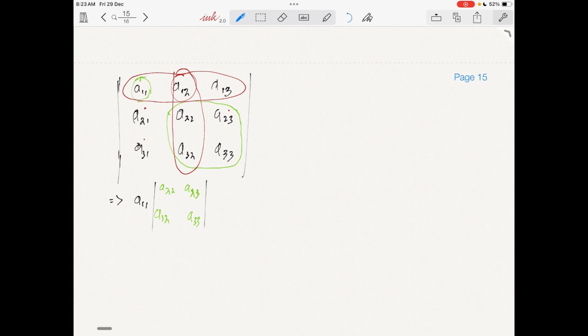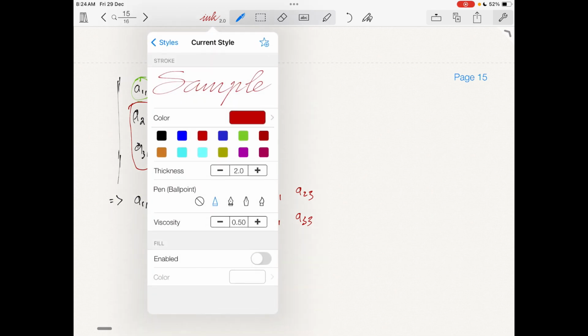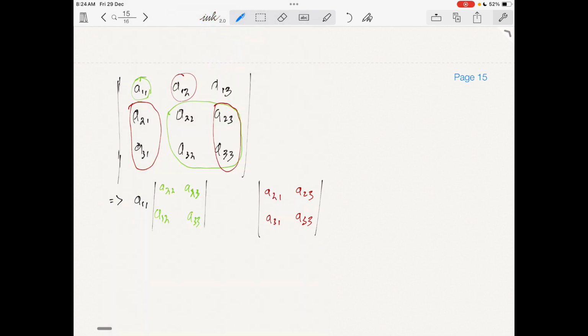So with respect to that, we'll have this. Let's say we have A21, A23, A31, A33, and we have A12. And finally, we want to consider A13.